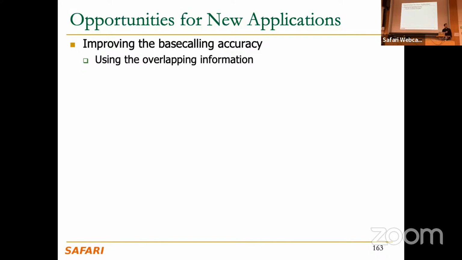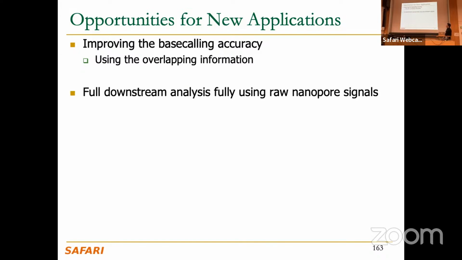This is useful information that you can feed to your base caller, and then maybe your base caller will be able to utilize this extra information to make the model more accurate while maybe still making it less complex, because you have more useful information.